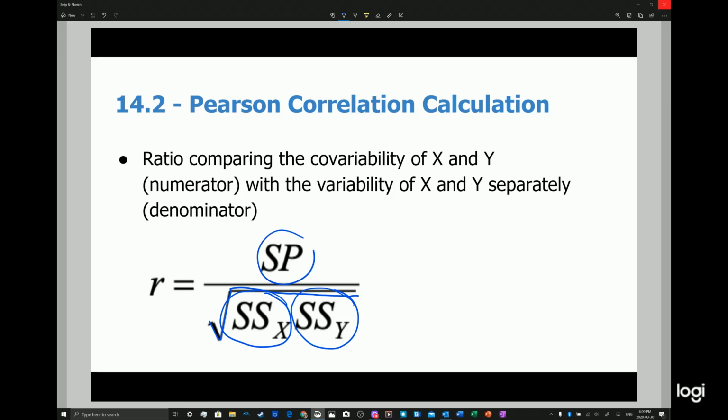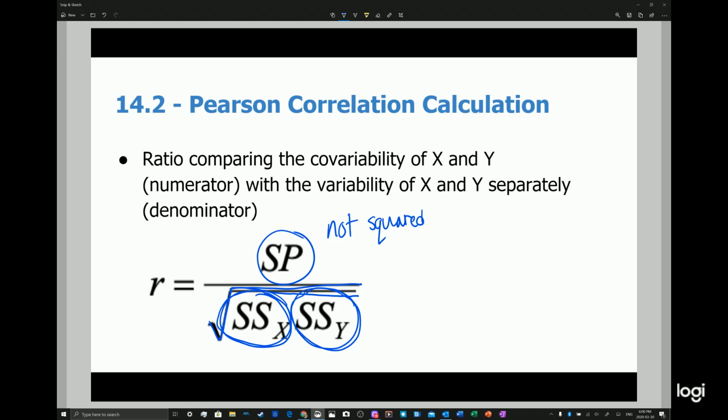Remember, your sum of products is not squared. Not squared. You're not multiplying sum of squares, you're multiplying deviation scores, which is why it's called sum of products. Okay? And so when you measure sum of squares, you've already squared everything, so you must square root the variances that you're going to get.